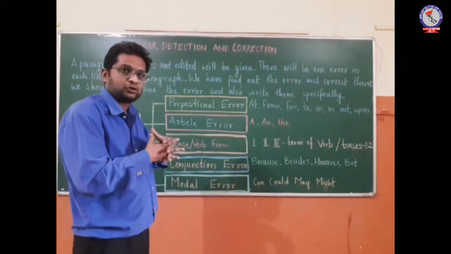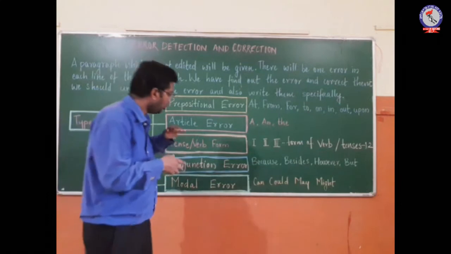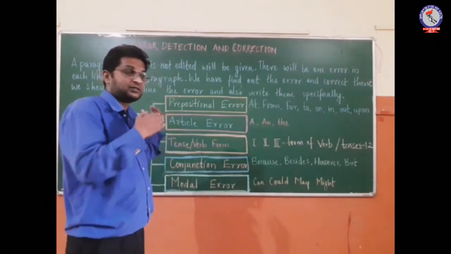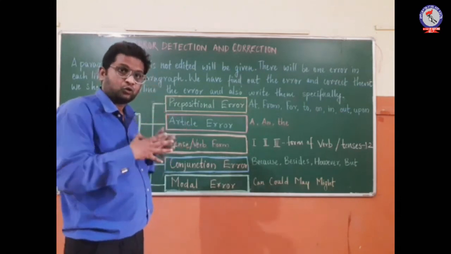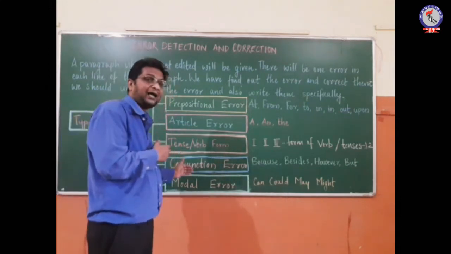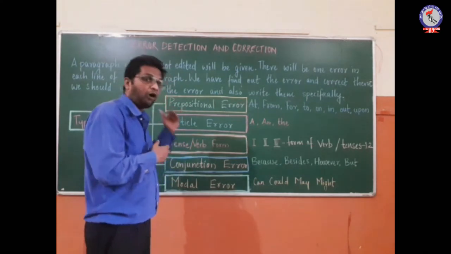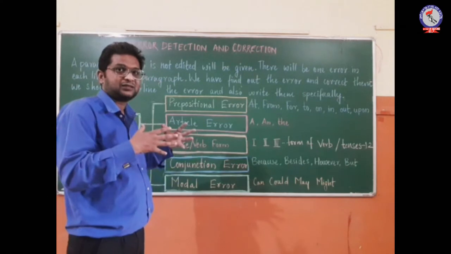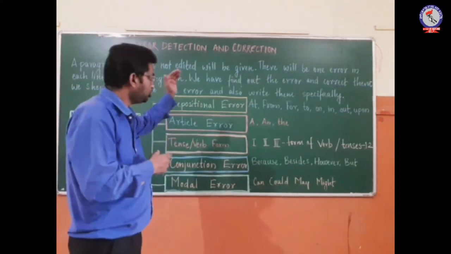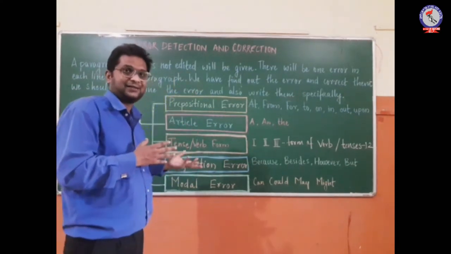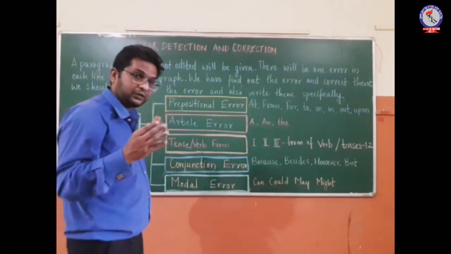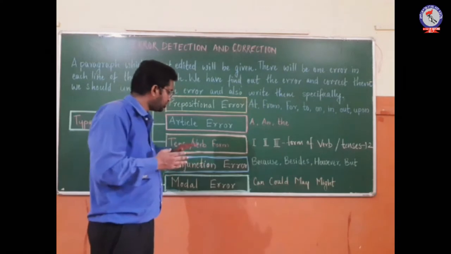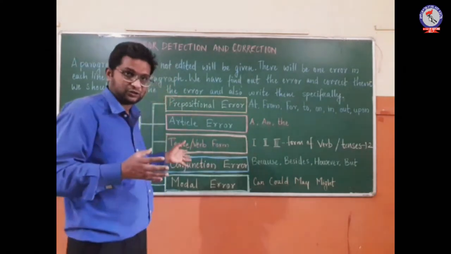That means improper conjunctions will be used in the sentence, in the line. So we have to identify the right type of conjunction that is to be used in the sentence. So we must be well acquainted with the usage of conjunctions as well.